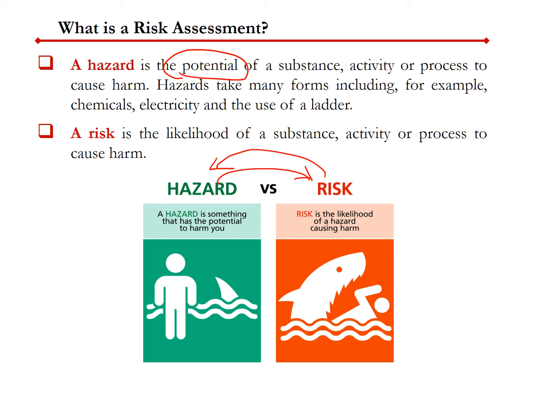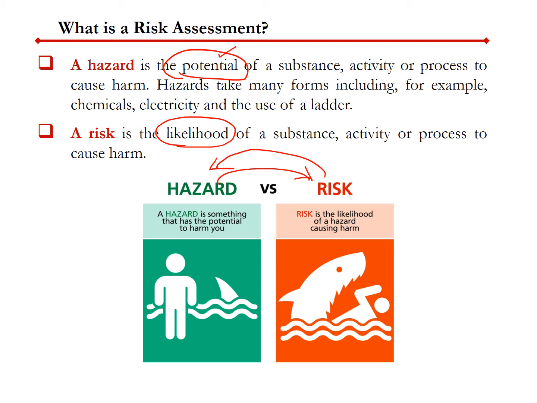As for a risk, it is the likelihood of a substance, activity, or process to cause harm. So you can see why one is the potential, the other one is the likelihood. Risk talks about the probability of an accident or an incident, or the probability of any of the substances to cause harm. So this is what you call a risk.